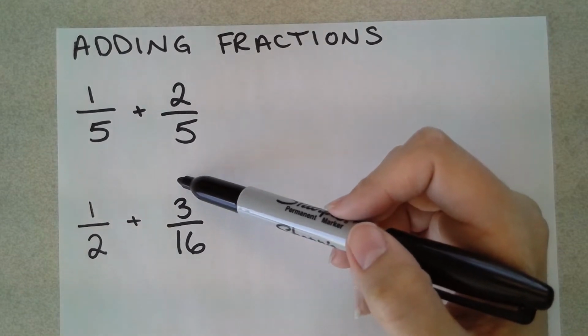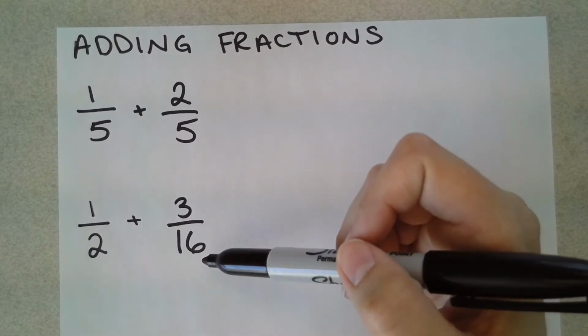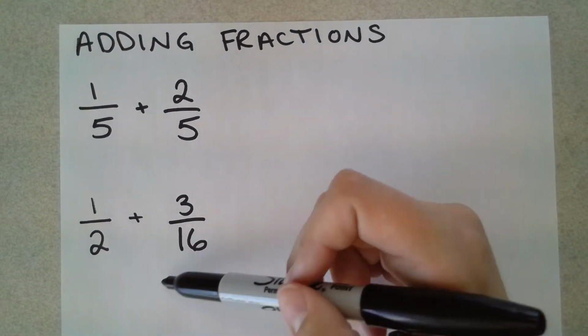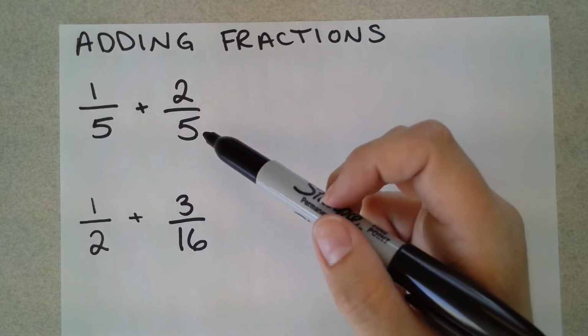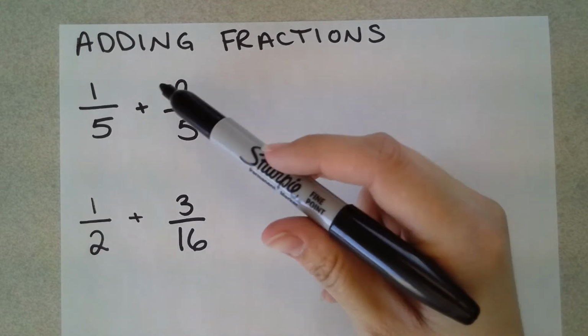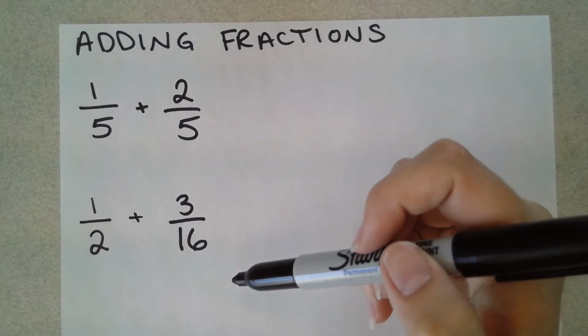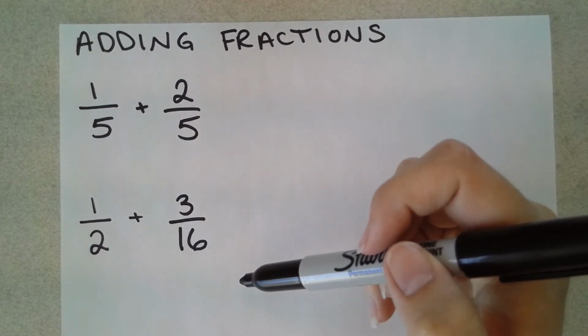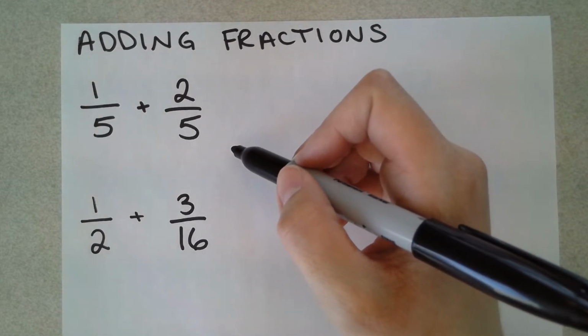So that would make fractions like. Unlike fractions would be ones like these ones down here that have different numbers on the bottom. So these ones require the fewest steps because you don't need to change anything about these fractions to be able to do the math.